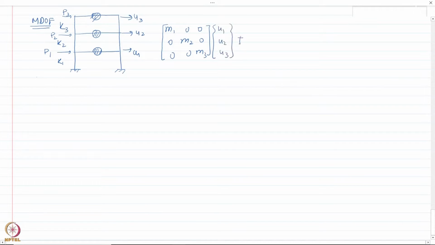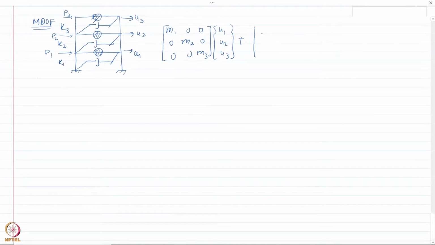And then if there is also a damper between each story, then that can also be formulated in this equation of motion, and we can write this as C1 plus C2, minus C2, 0, minus C2, C2 plus C3, minus C3, 0, minus C3, C3, with the velocities.